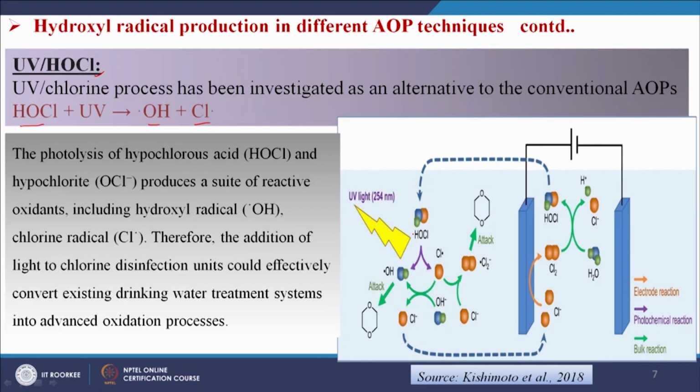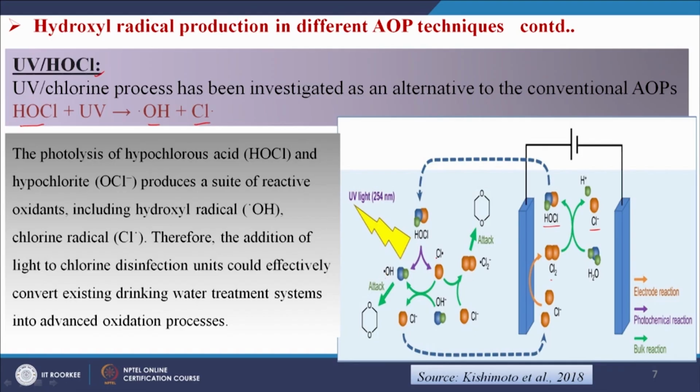We have chloride in the solution. If we provide some electrolytic circuit, some voltage, there will be conversion of chloride to Cl2, and that Cl2 reacts with H2O and gives us HOCl and Cl minus. Then HOCl in presence of UV light is converted to OH dot and Cl dot.